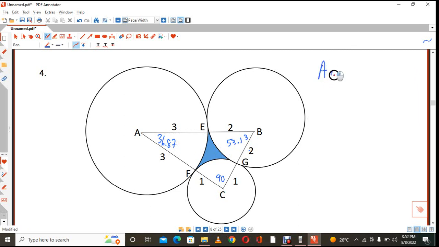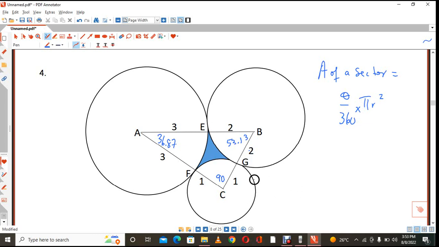The area of a sector is calculated by taking the area of a circle, which is pi r squared, multiplied by whatever the angle over 360, because it's not yet a complete circle.